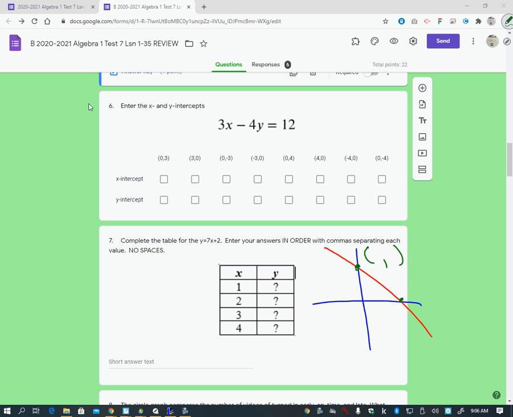Okay, so these are the x numbers, right? What's that x number on the y-intercept? Right here, what's the x coordinate of that spot? Why not? I don't see any numbers.